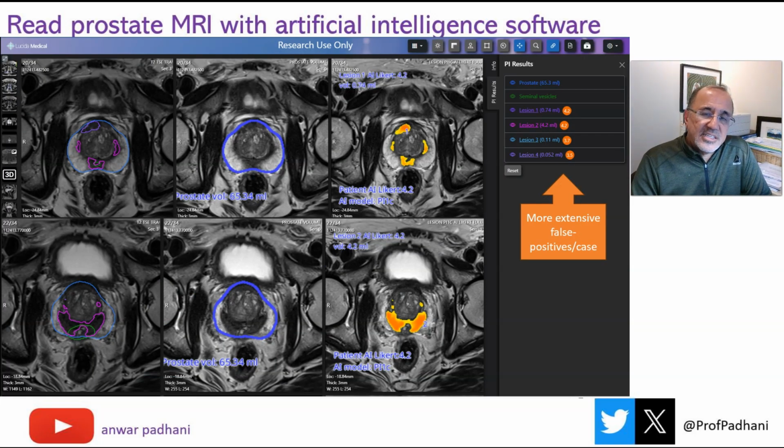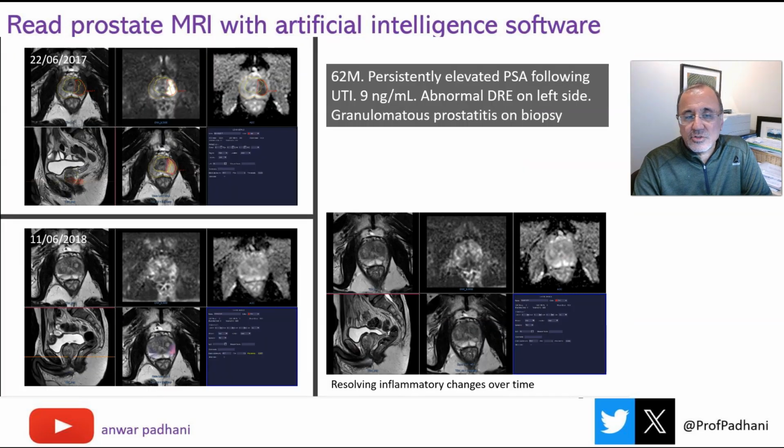If you were to look at the same case with a different piece of software, you'll see that in fact the AI is highlighting both central zones as being abnormal, when in fact they are completely normal. So this is an example of false positive from a central zone. Another false positive which we're all aware of is, of course, infection.